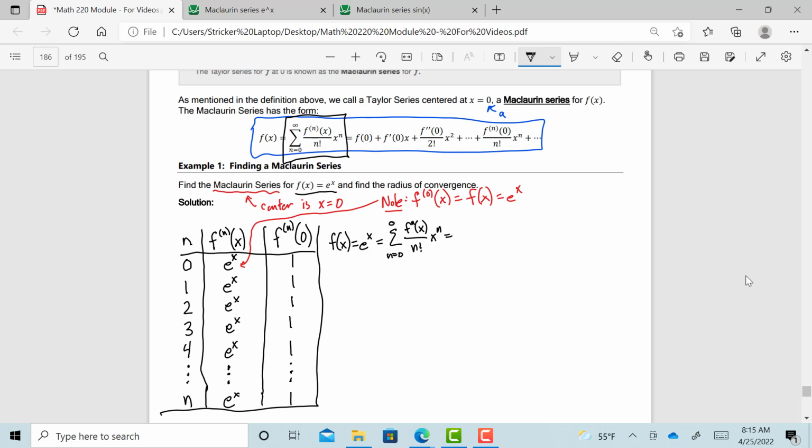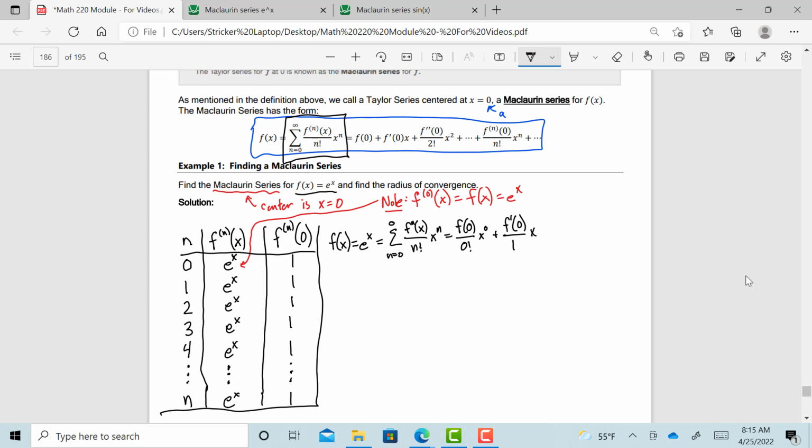So it looks like f of 0 over 0 factorial times x to the 0, plus f prime of 0 over, that's not over 0 factorial, we're now on to n equals what? n equals 1.